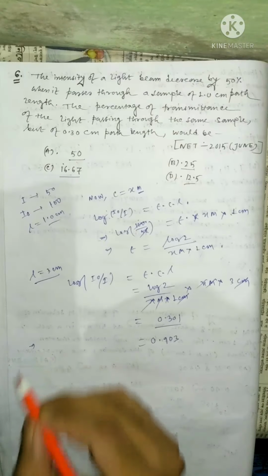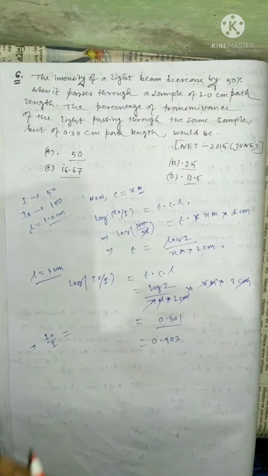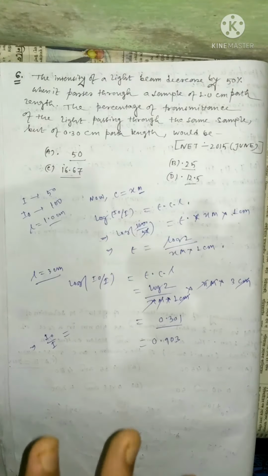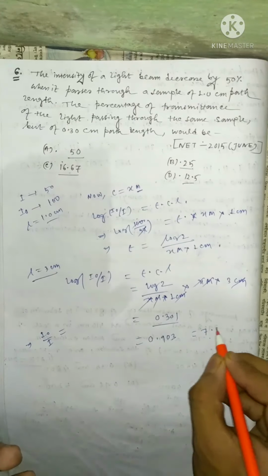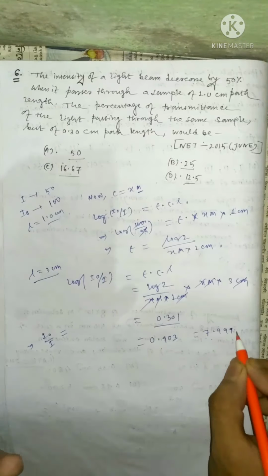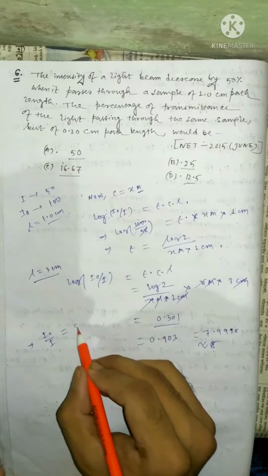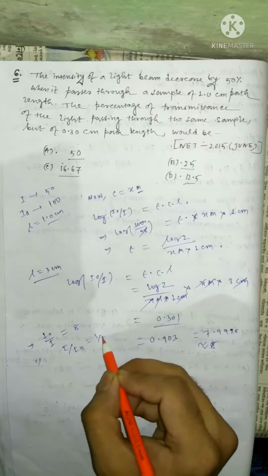0.903, and the antilog of this gives I naught by I. Antilog of 0.903 is nearly 8, so I by I naught is 1 by 8.